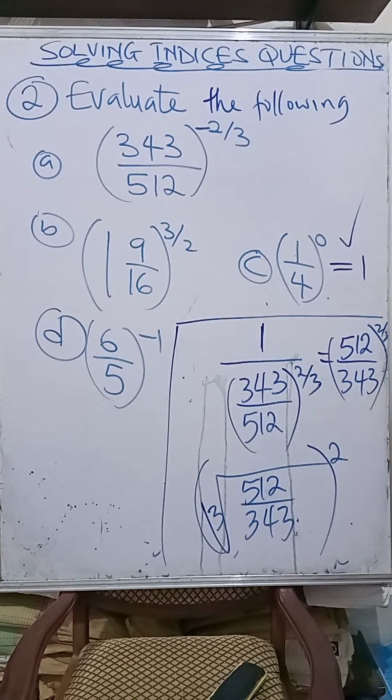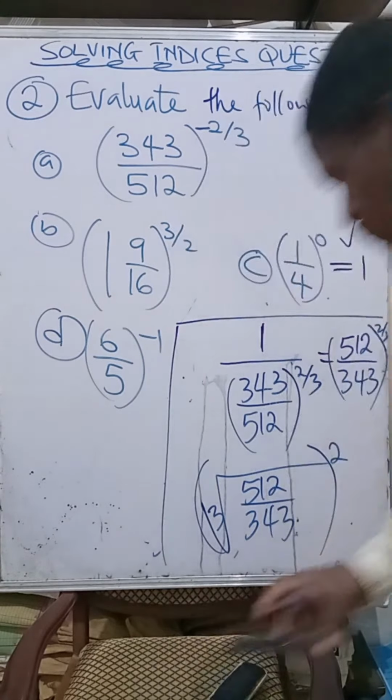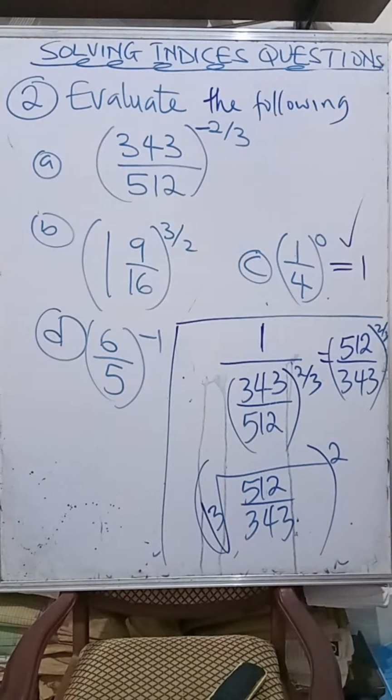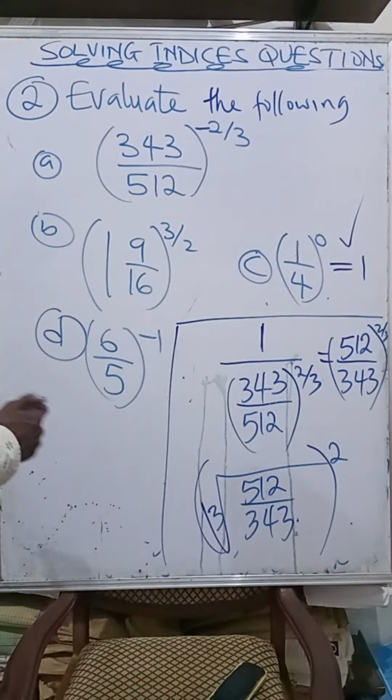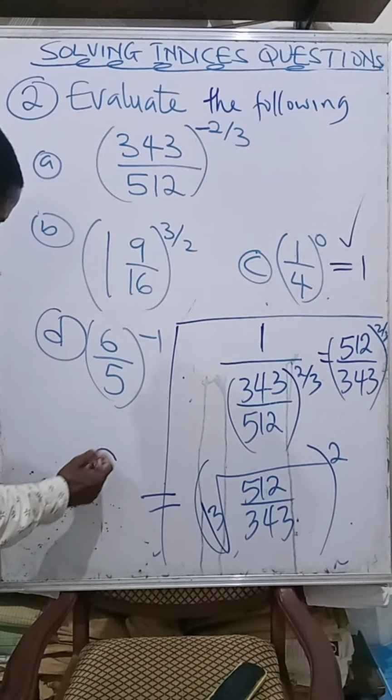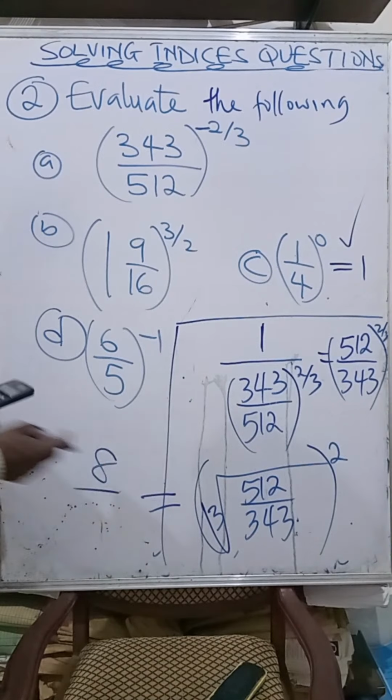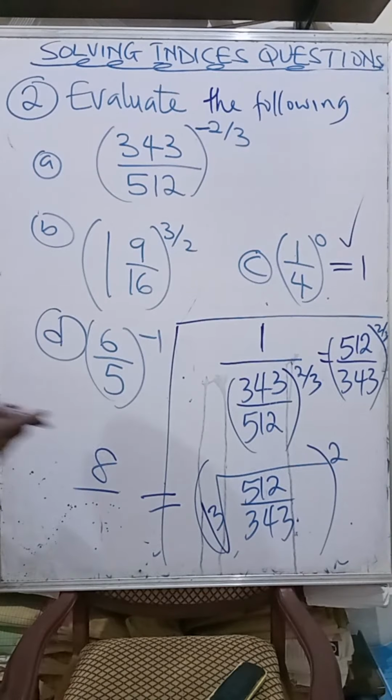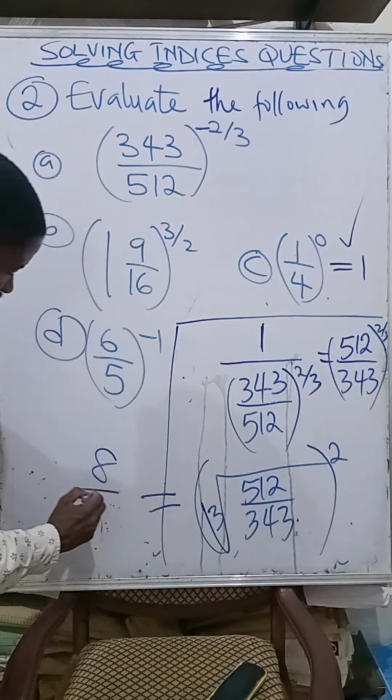Then we can get the cube root of 512, which is 8. Cube root of 343, that's 7.